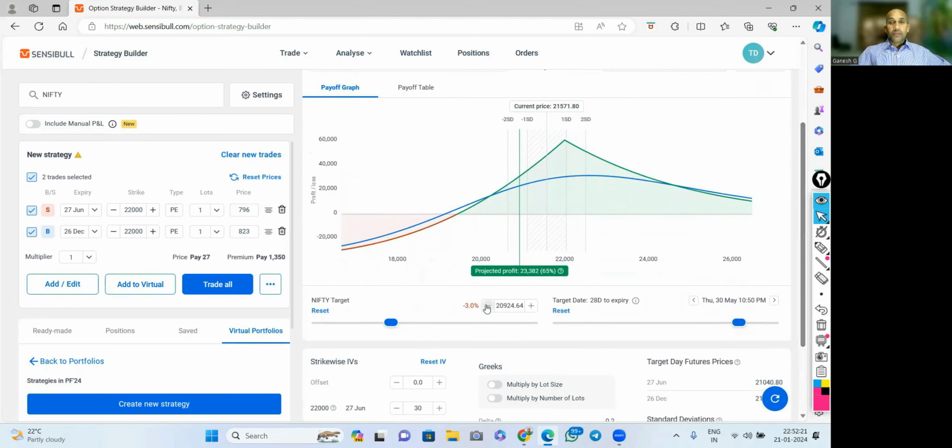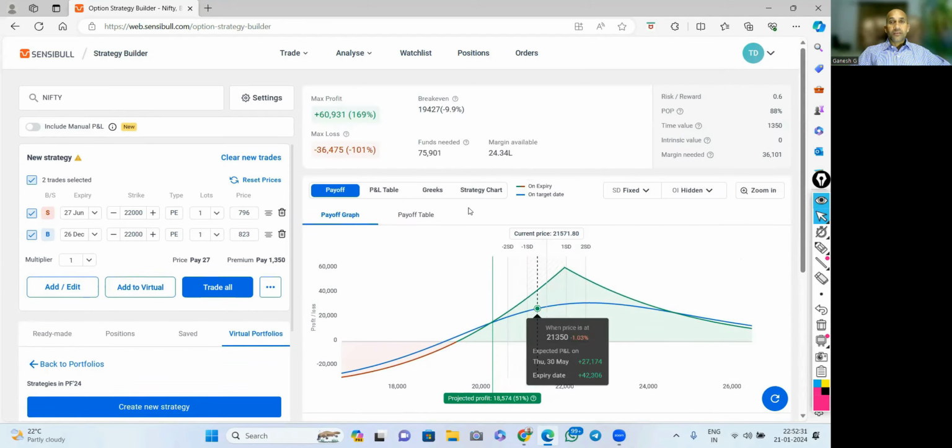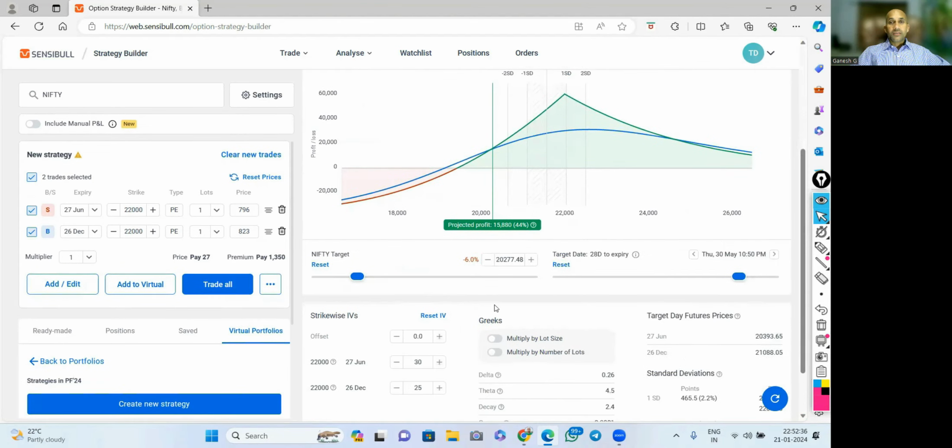Even at 21,500, 20,500, we would still be in good profit. Even a break even of 19,400 is giving more profit. Till 20,000 we are in green.